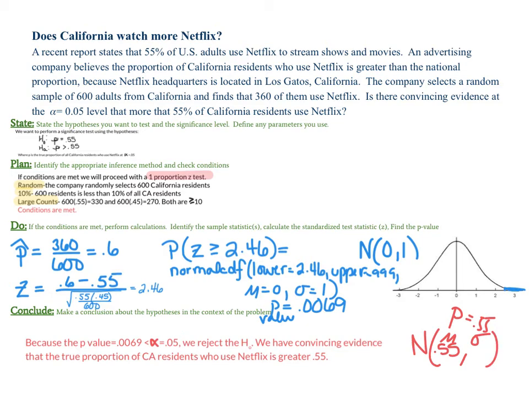I just find it a little bit faster to draw a standard normal table because then I can just write 0, 1, 2 to the right, and -1, -2, -3 to the left. And I have a good sense immediately that something beyond 2.46 standard deviations from the mean is really going to be unusual. I just have to see how unusual to see if it's less than my alpha level that I stated in the beginning.